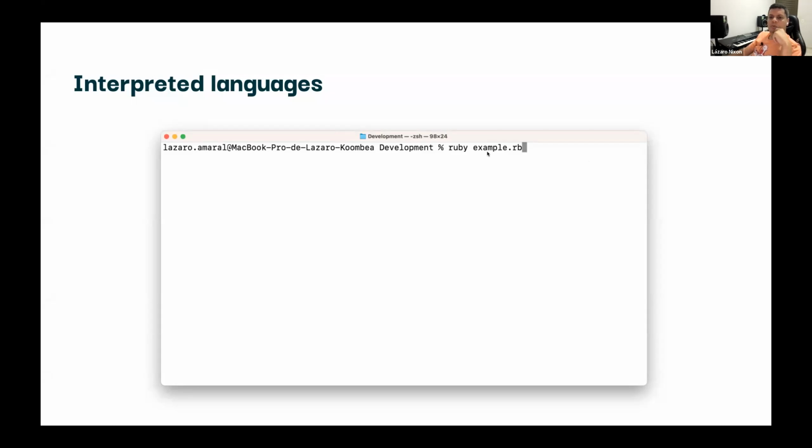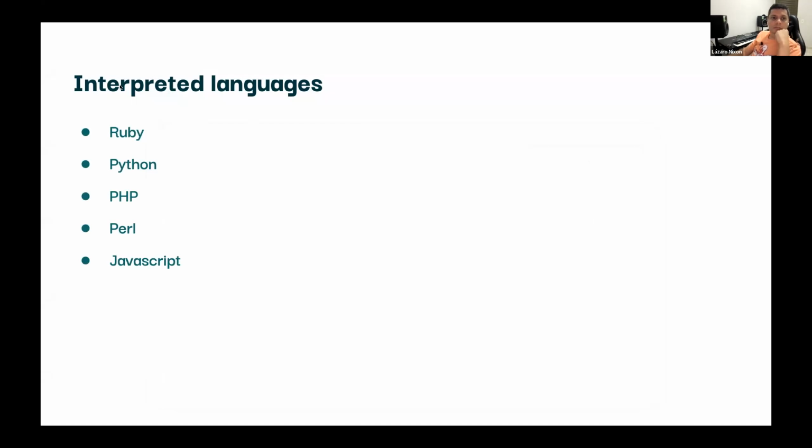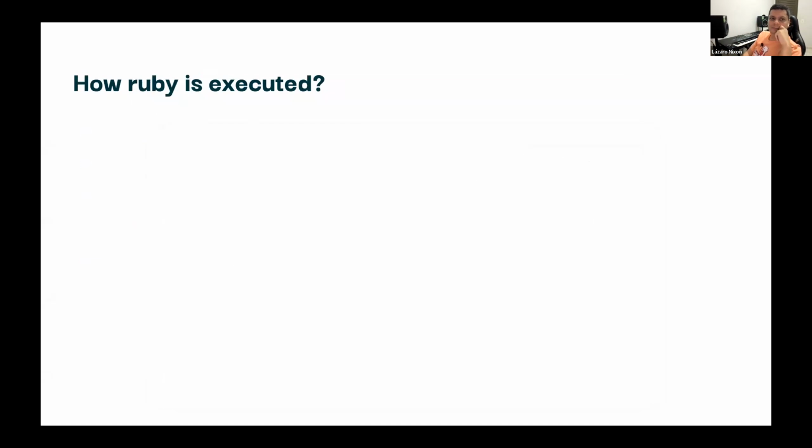So this code will be interpreted by the Ruby interpreter. So examples of interpreted languages are Ruby, Python, PHP, Perl, JavaScript. Those languages are called scripting languages. So they are interpreted in most cases. I mean, they should be interpreted, at least at the beginning.